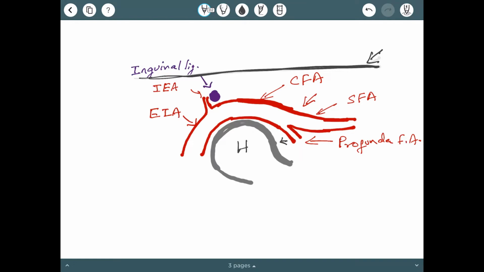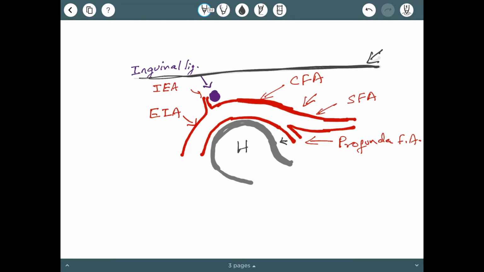So the first problem is that when we are doing a percutaneous intervention, a puncture, when we have removed the sheath and we have to maintain hemostasis, we apply manual pressure over the arterial puncture site. And when we are doing that, it is important that we have a counter pressure so that we can have adequate pressure over the puncture site and it seals.